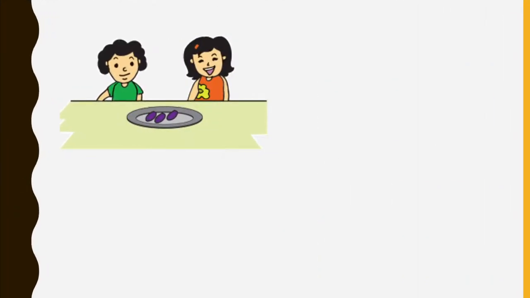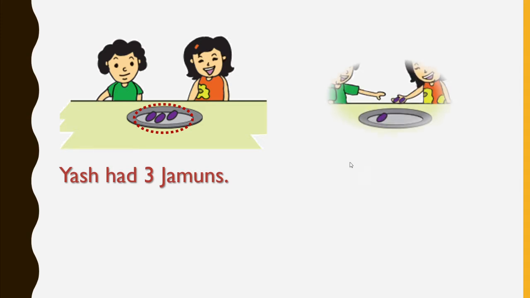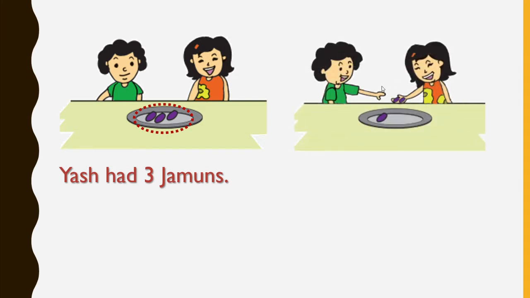Here, Yash and Rama are sitting and they are enjoying the jamuns. Here, Yash had how many jamuns? 3 jamuns. You can see here, right? Yash had 3 jamuns. Now you know that Rama is his best friend, isn't it?